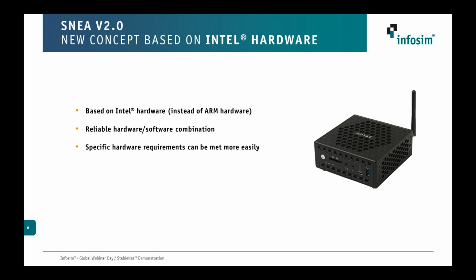So if you, for example, require a second LAN port or WLAN port or connectivity, that is not an issue anymore. And this allows an easy deployment of a large number of agents in your network.